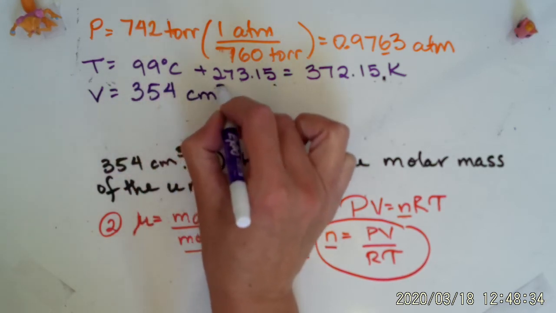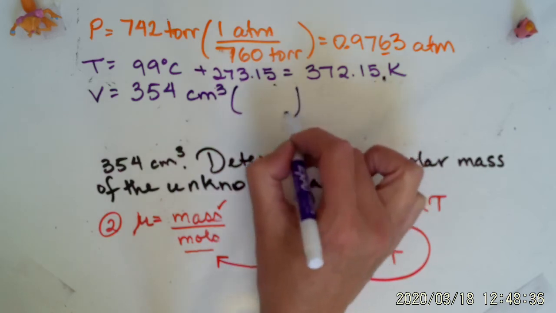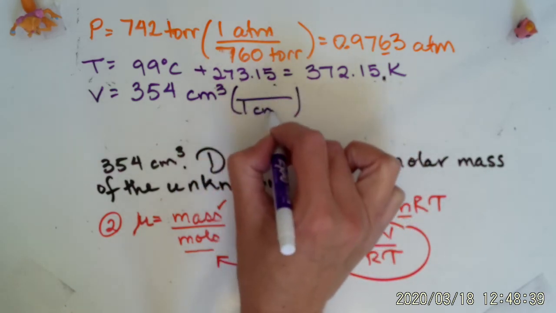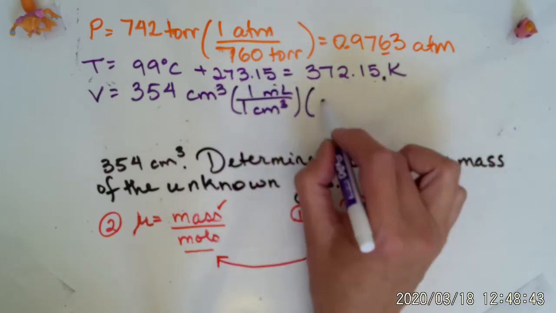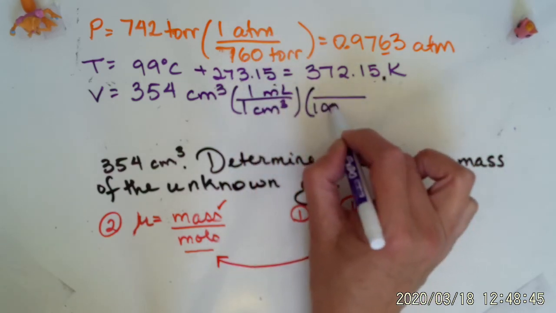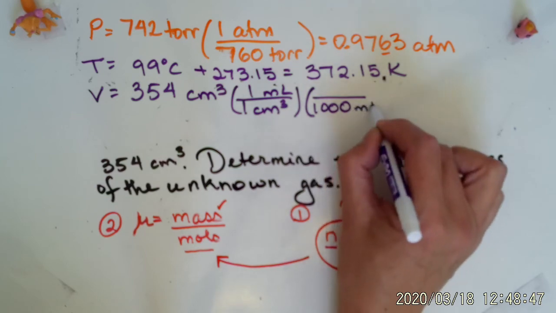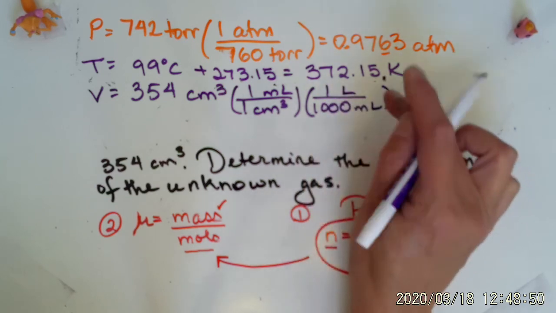We know that 1 cubic centimeter is the same as 1 milliliter, and we want it in liters, and we know that 1,000 milliliters is 1 liter.